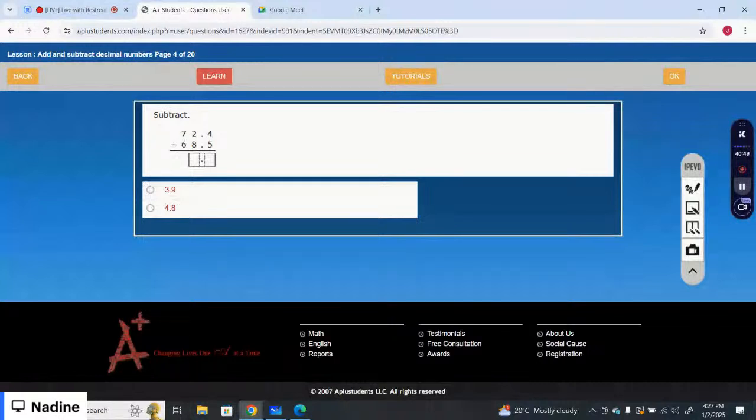22.4 minus 68.5, which is the correct option? That is 3.9. Option number one is the correct option.